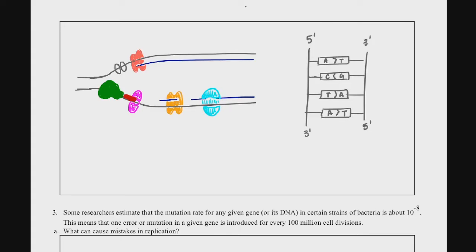In this case, this would be the 5', 3', therefore 3', 5'. This right here is the parental DNA.